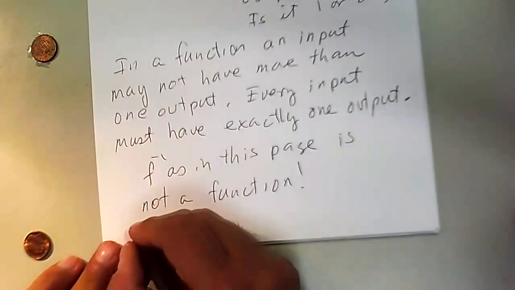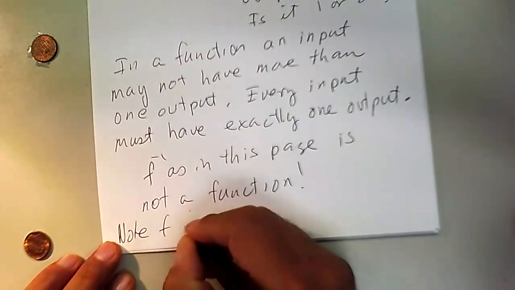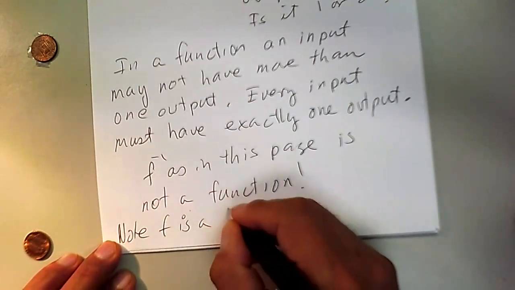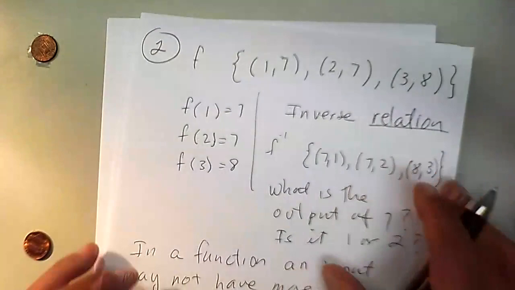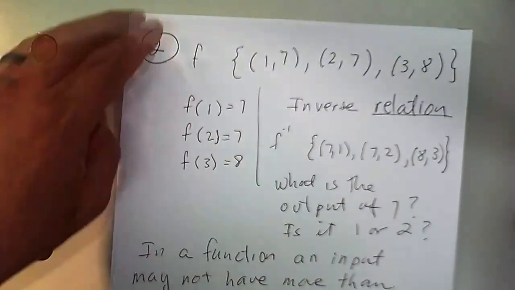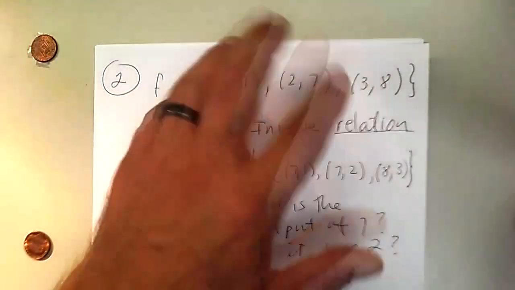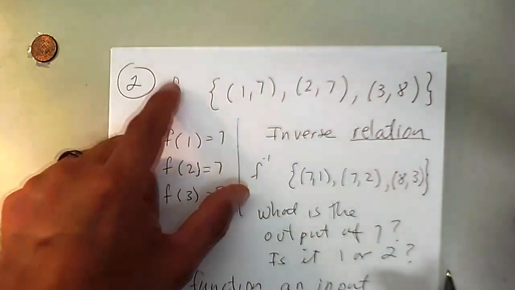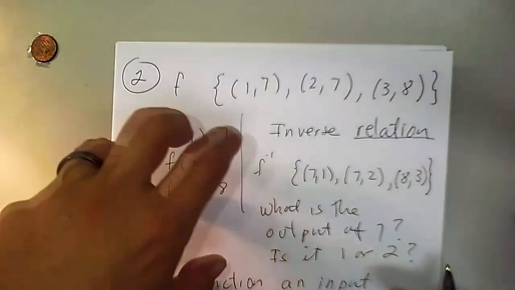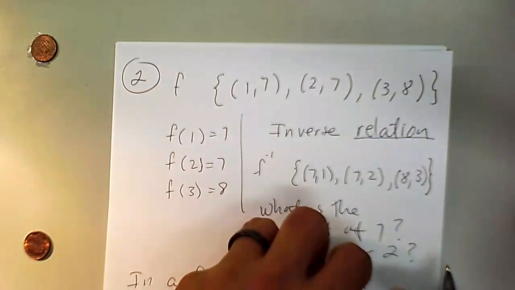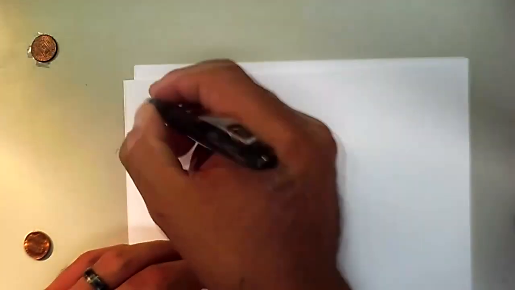Note f is a function, but the inverse is not a function, it is simply a relation. A relation is just any set of points, let me remind you. So this function is not invertible. If the inverse of a function is not a function, then we say that the function is not invertible.